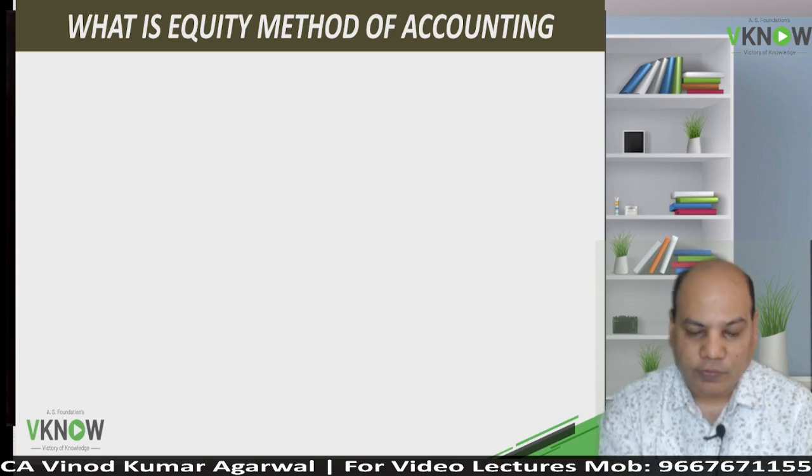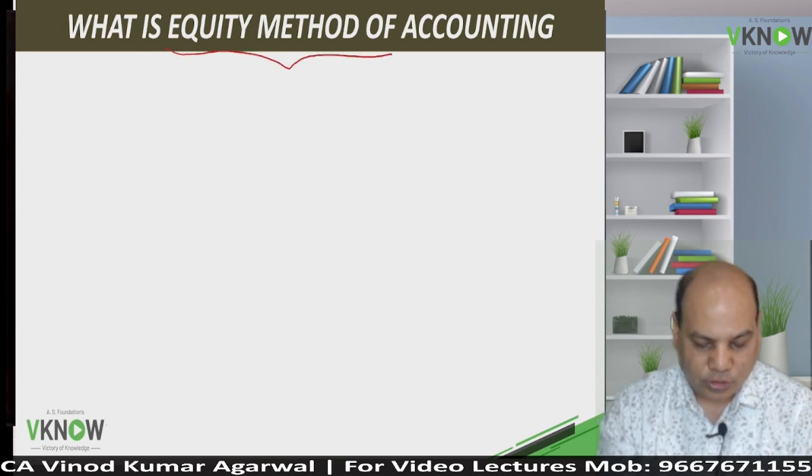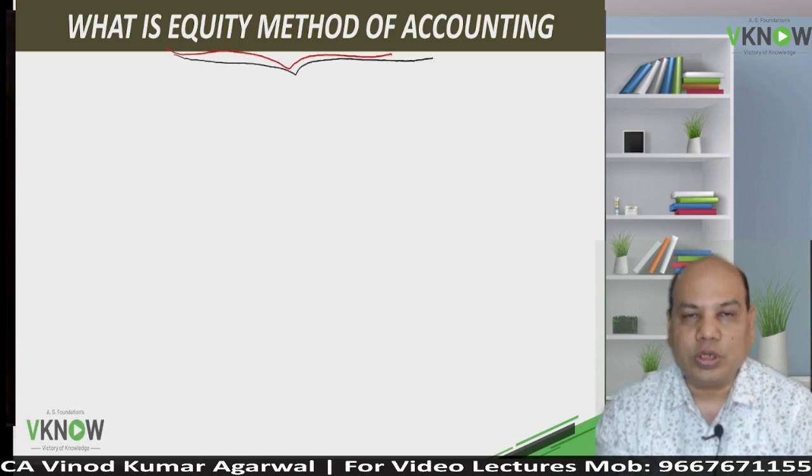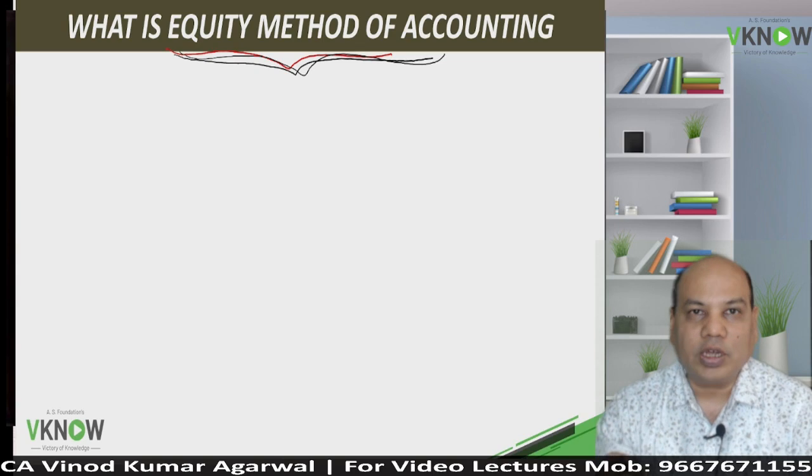The method of accounting to be used for the purpose of consolidation would be equity method of accounting. So one thing you will note down or remember, under AS 23, the method of accounting for investment in associate is called equity method of accounting.